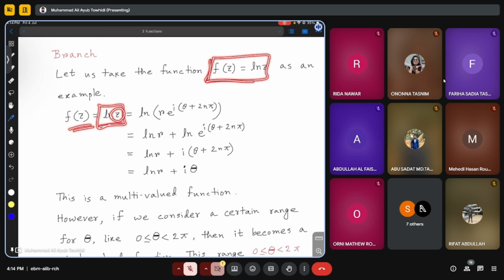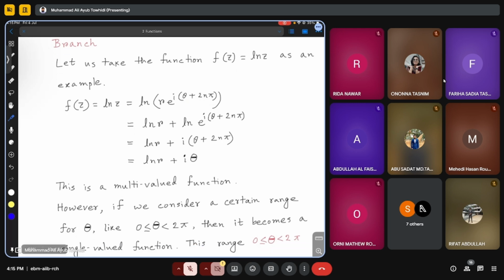We are converting this z into the polar form r e to the power I theta, or some value plus 2n pi. So it becomes ln r plus ln e to the power I argument. In the end, it becomes ln r plus I theta plus 2n pi. This is a multivalued function because you can change the value of n and you will get different answers.